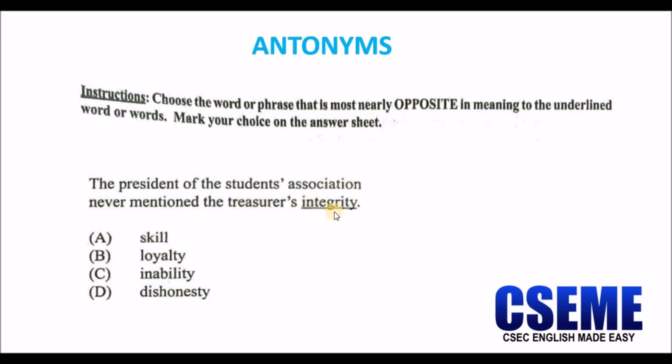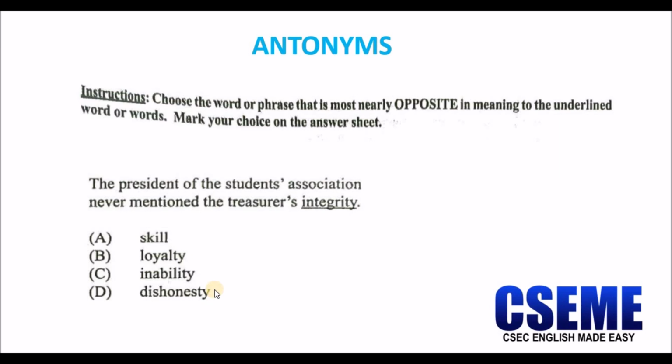All right, so finally, the president of the Students Association never mentioned the treasurer's integrity. And the word that we're looking at is integrity. Wow. So our options are A, skill, B, loyalty, C, inability, and D, dishonesty.